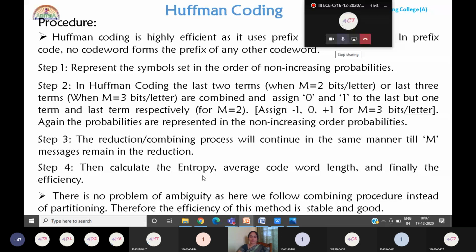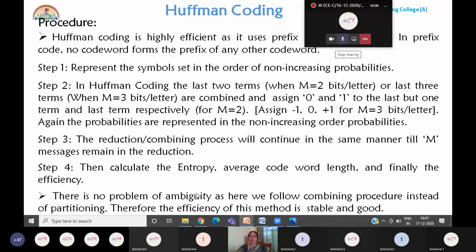So entropy definition remains the same. It relies only on the given probability. And average code word length depends on the code word length of individual symbols. And efficiency depends on entropy, average code word length, and that maximum efficiency, that is log m base 2.